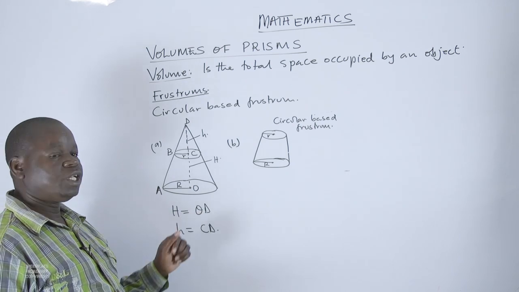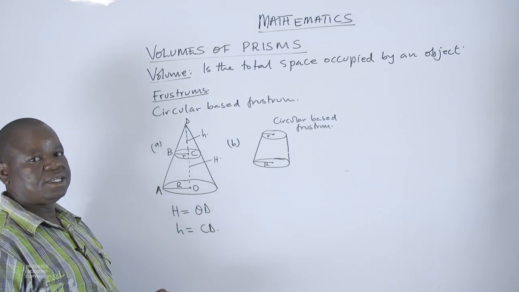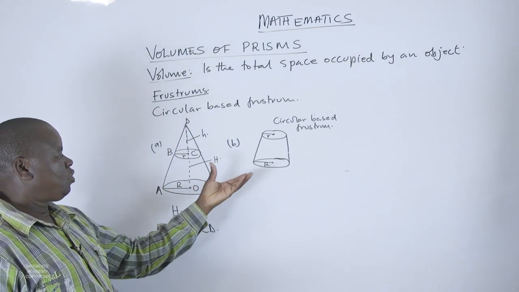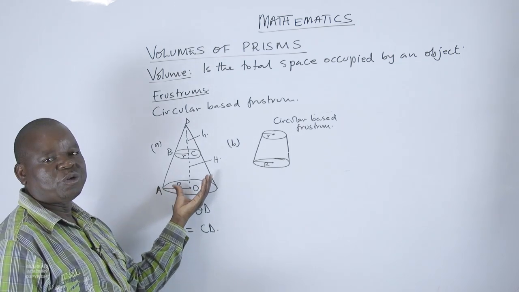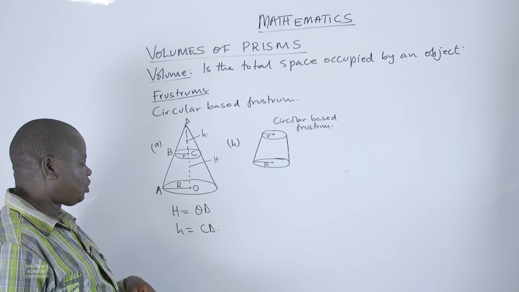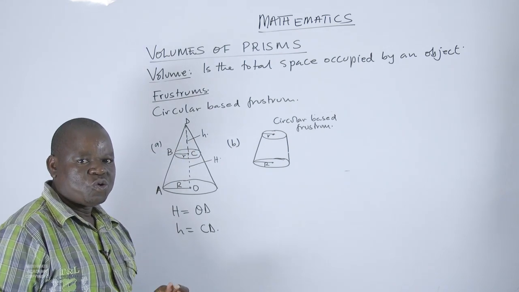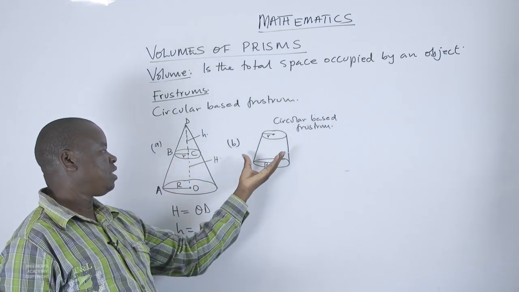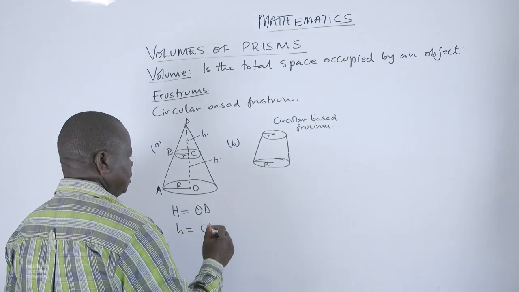H capital is OD, h small is CD. So from this information, to get the volume of a frustum, we first of all get the volume of the bigger cone, then we get the volume of the smaller cone, and we subtract the two. When we get the difference between the two, we get the volume of the frustum. So let's see how we move on with that.